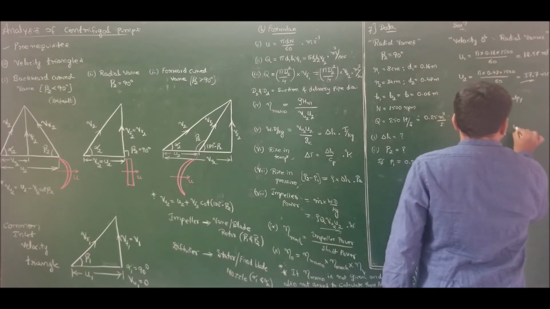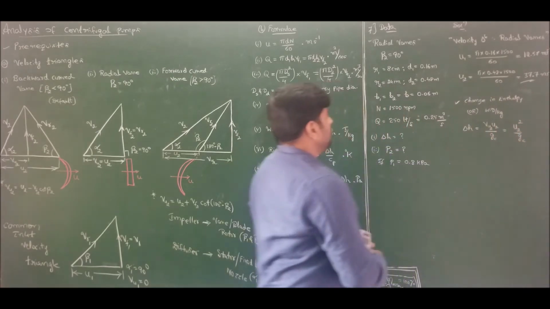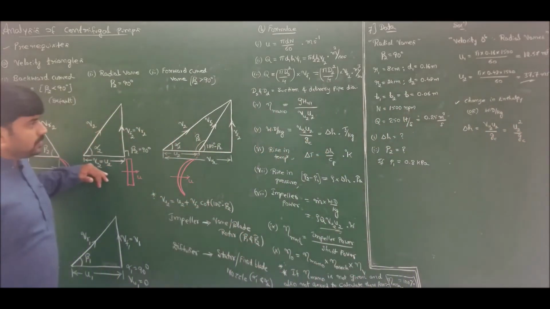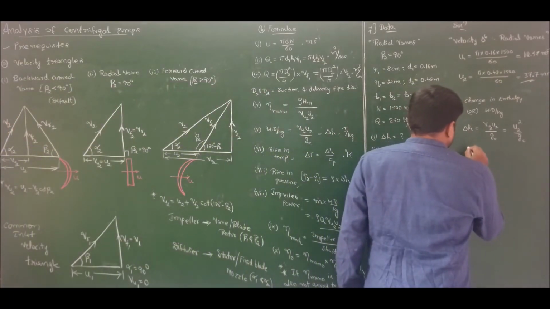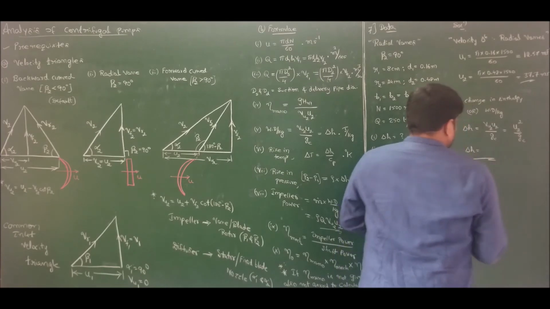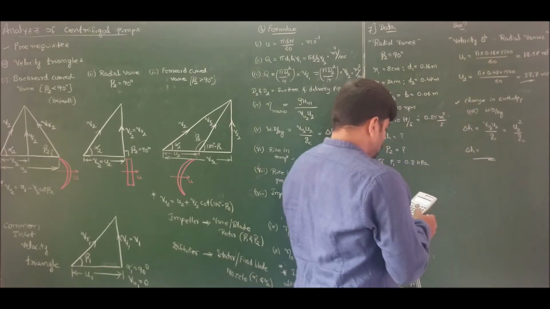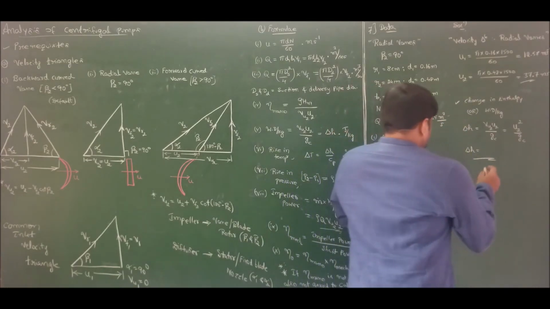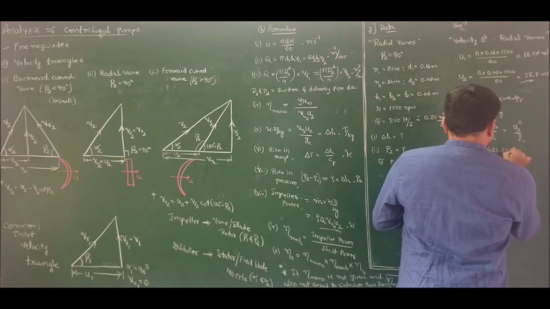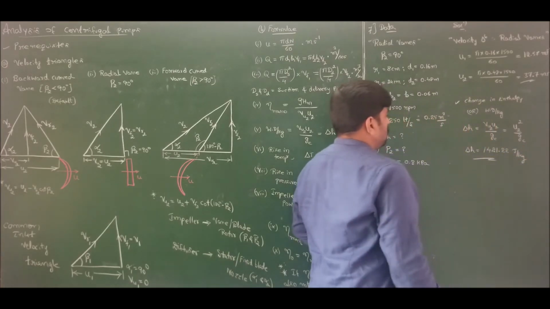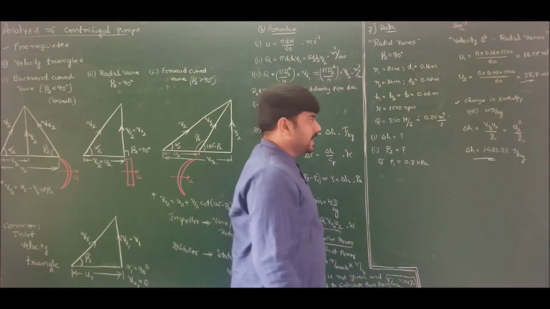For radial vanes it will become U2 square by gc, because VU2 is equal to U2. Hence delta H for this problem is U2 square, which is turning out to be 1421.22 joules per kg, which is 1.42 kilojoules per kg.